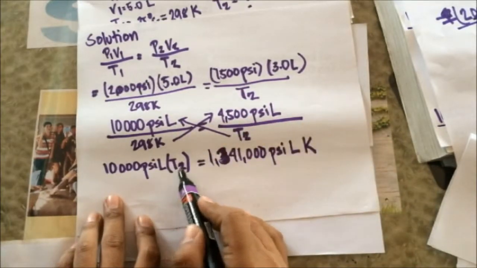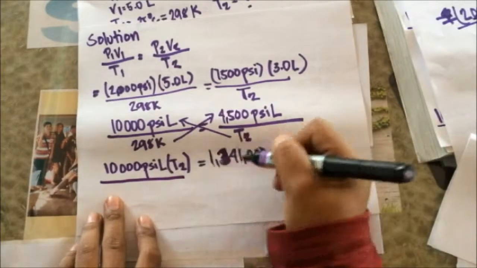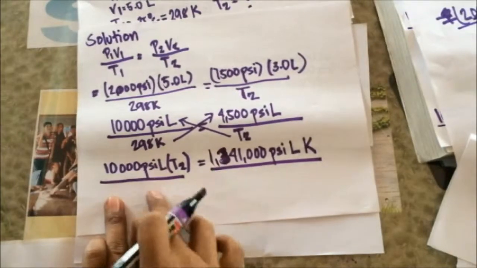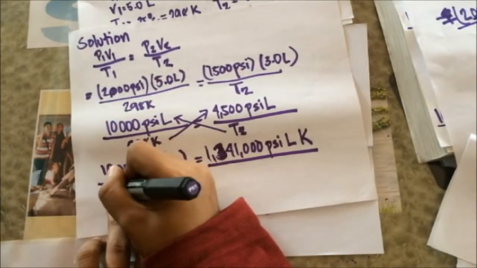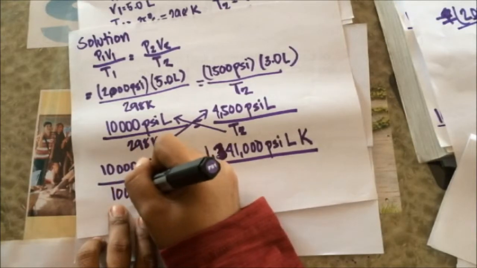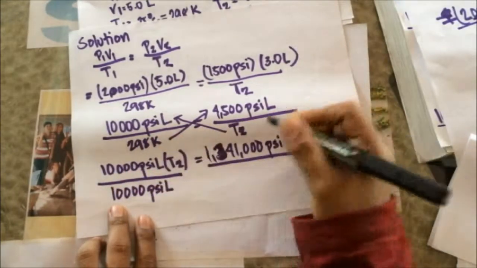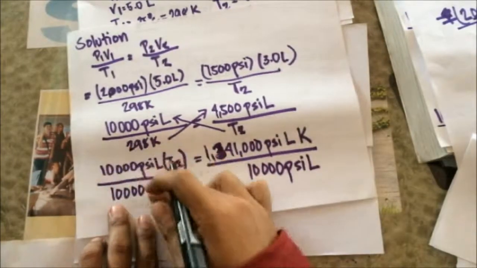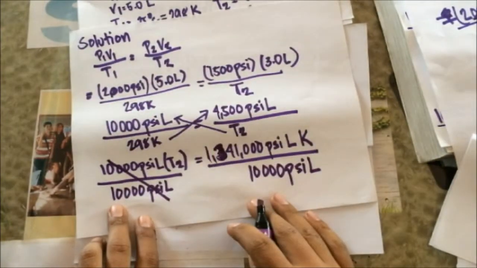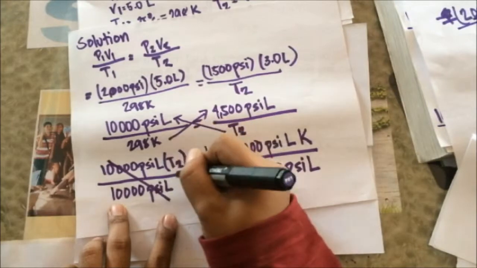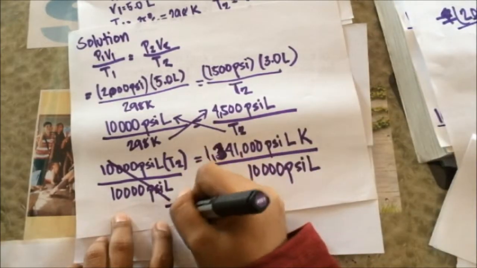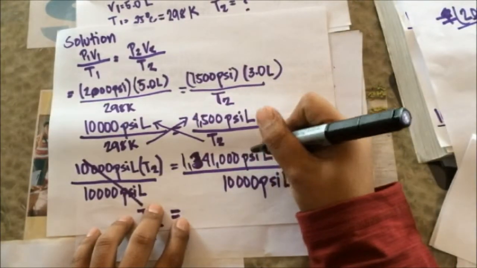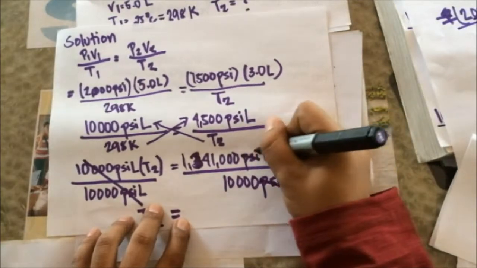Since we are solving for T2, I'm going to divide both sides by 10,000 psi liter to eliminate it on the left side. Since they are the same, I'm just going to cancel that out, and the one that is left is T2. We can now cancel the same units: psi, liters, and liters.